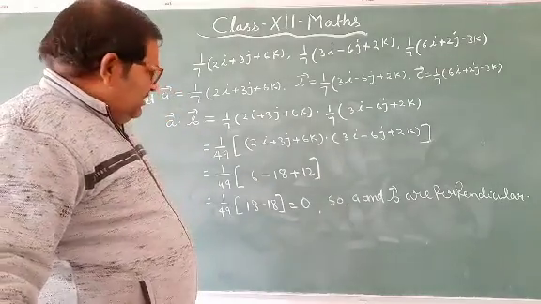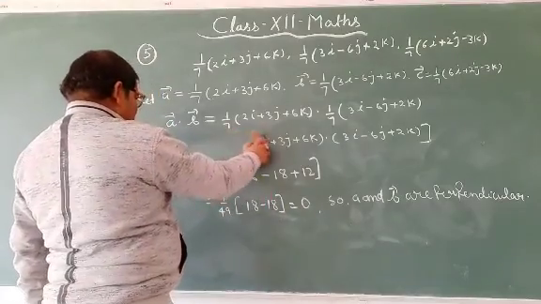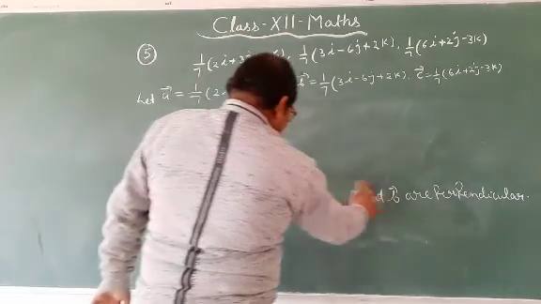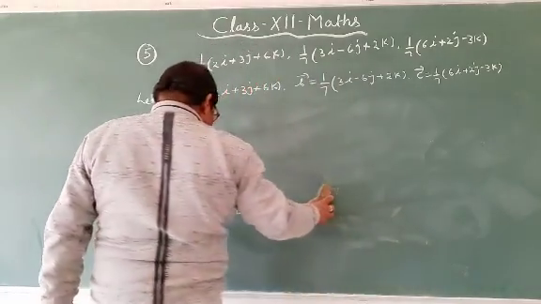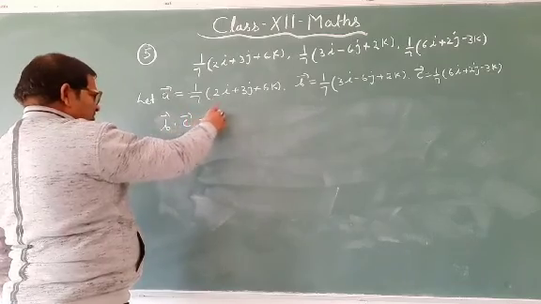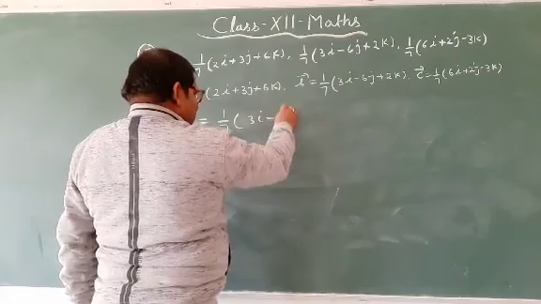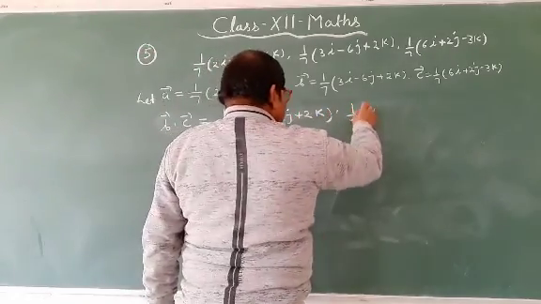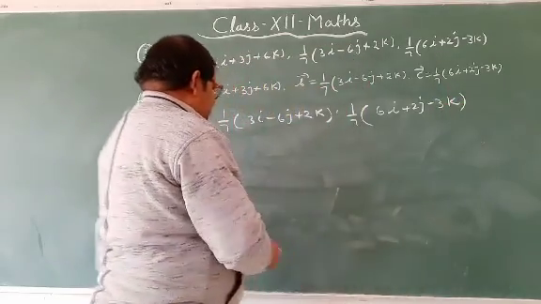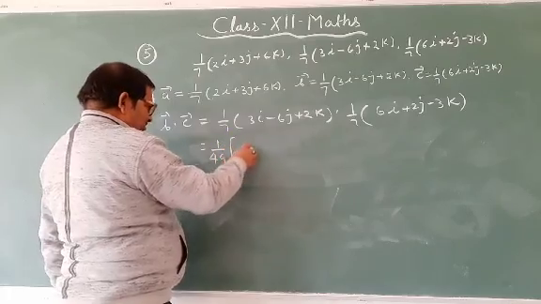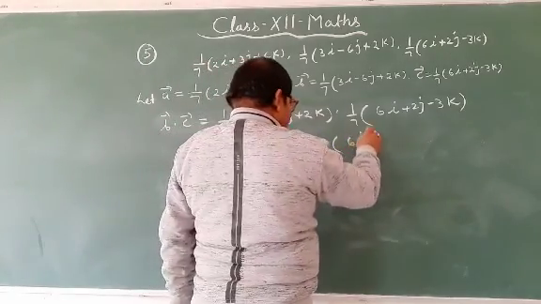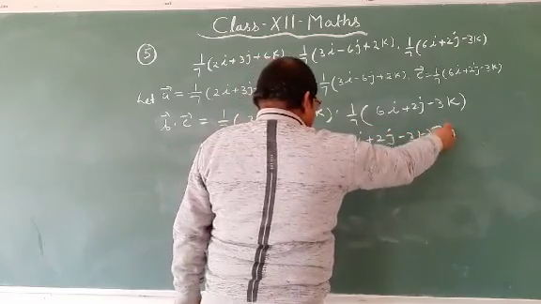Similarly, we also find for vector B and vector C. Vector B dot vector C is 1/7 (3i - 6j + 2k) dot product 1/7 (6i + 2j - 3k), equal to 1/49 (3i - 6j + 2k) dot product (6i + 2j - 3k).